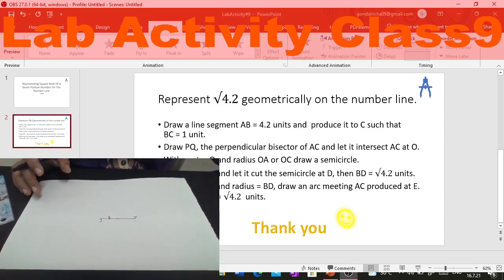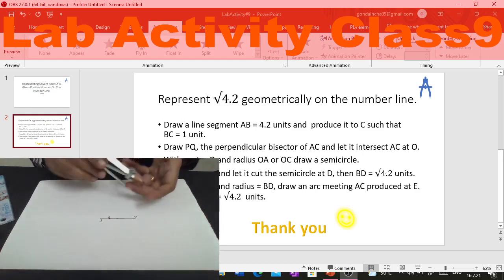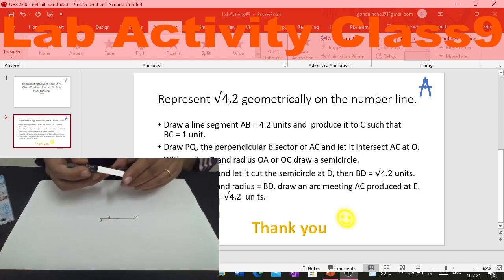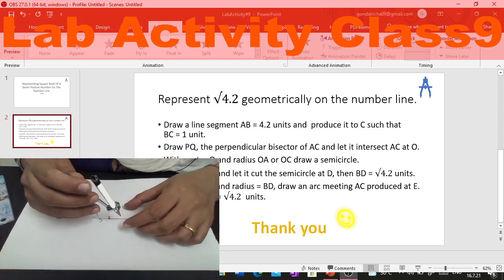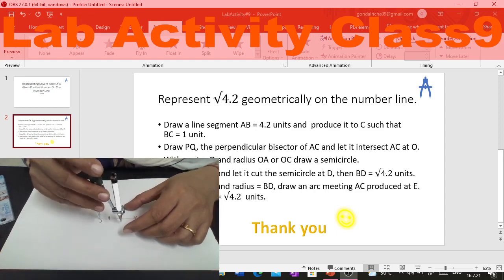Now the next step is we are going to draw a perpendicular bisector of AC. For this I am using a compass. With the help of compass I am going to draw the perpendicular bisector of AC.